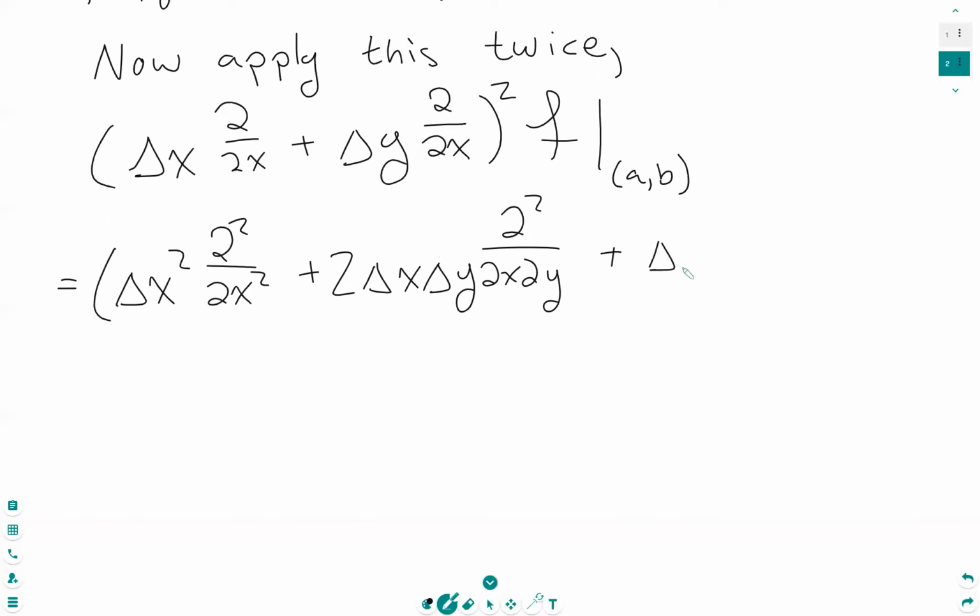And then we get a delta y squared and a second derivative with respect to y. And this is still acting on our function f, and it gets evaluated at a and b. We're still considering delta x and delta y to be constants all the way until the end.